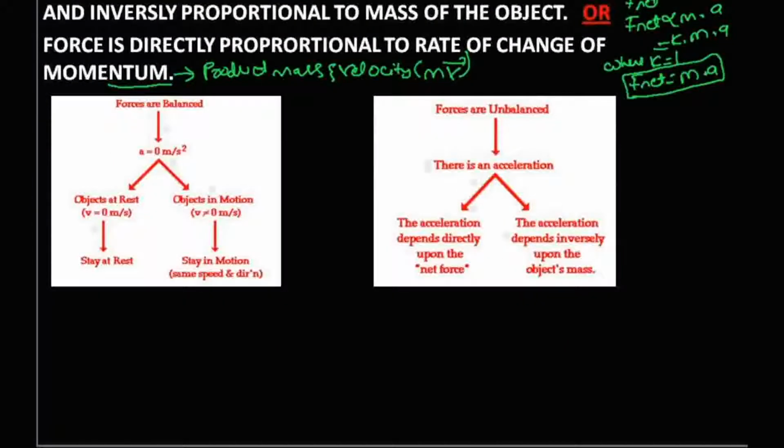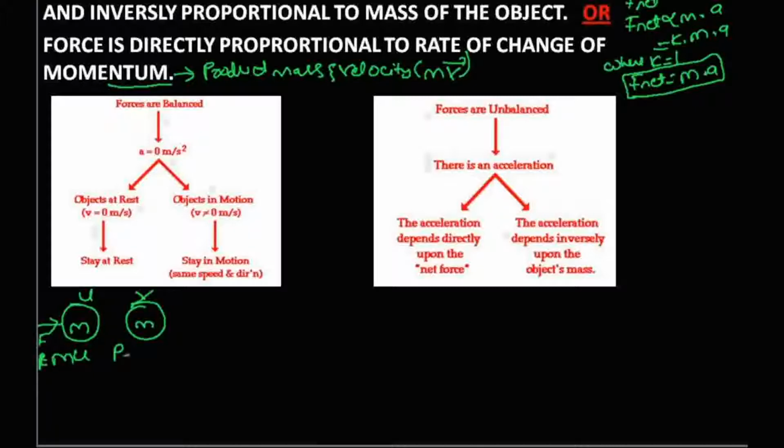Suppose a body having a mass m with the initial velocity u, when a force F is applied, changes its velocity from u to v. So initially the body has a momentum of mu. P is the momentum.